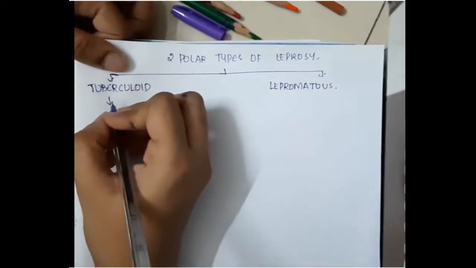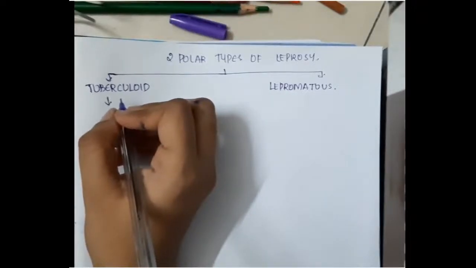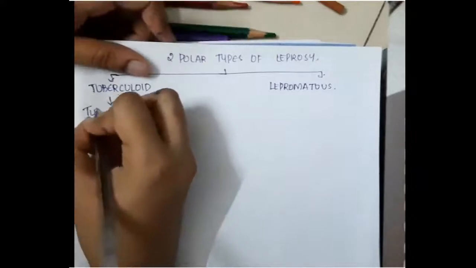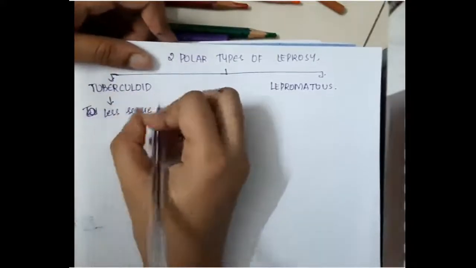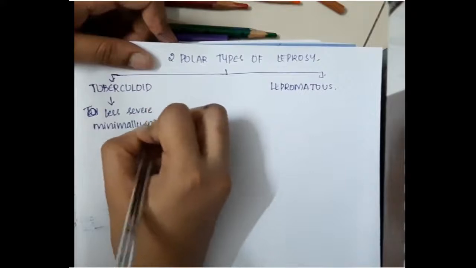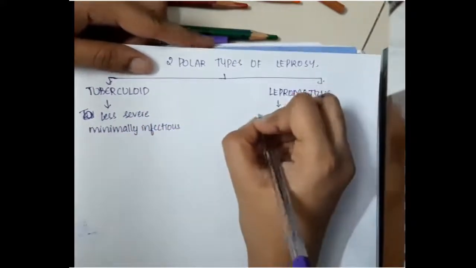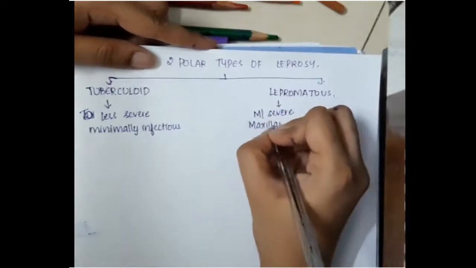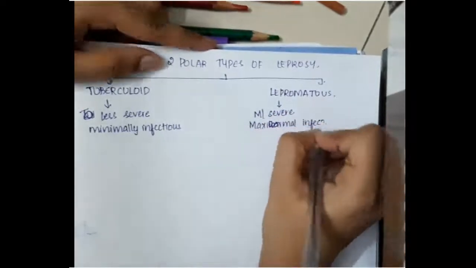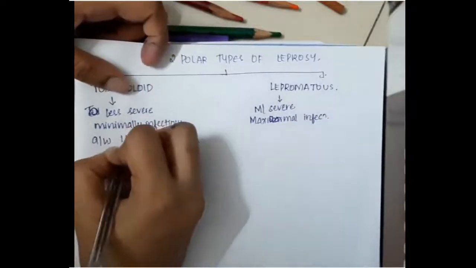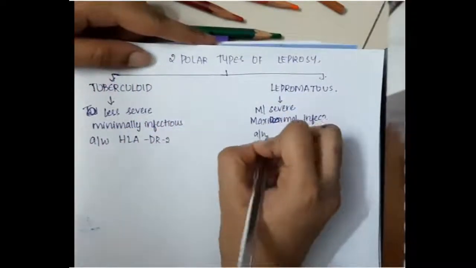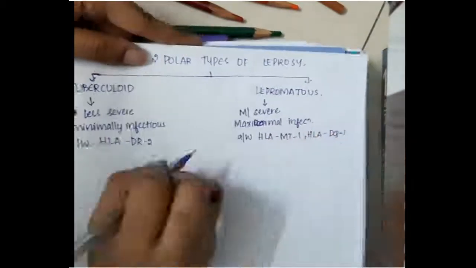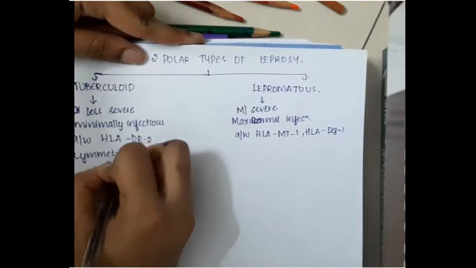Tuberculoid leprosy is less severe and minimally infectious, whereas lepromatous leprosy is more severe and maximal infection is seen in lepromatous leprosy. Tuberculoid leprosy is associated with HLA-DR2, whereas lepromatous leprosy is associated with HLA-MT1 and HLA-DQ1.